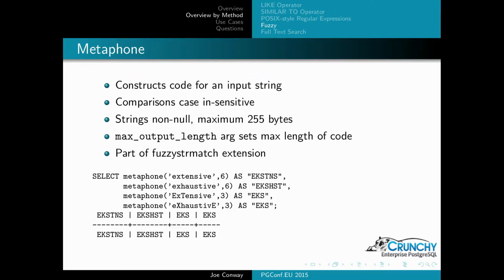So if you take these two words, extensive and exhaustive, and you say, give me 6 characters, you can see that the codes are slightly different. But if you move them down to 3 characters, and you can see I've messed with the case here, in that case, they both produce exactly the same code. So I could say that these two words using a 3-character code are the same, but using 6, they're not.